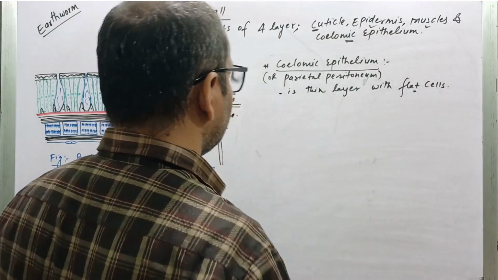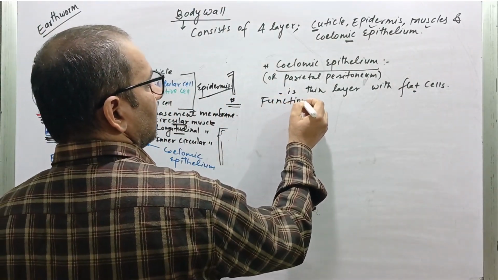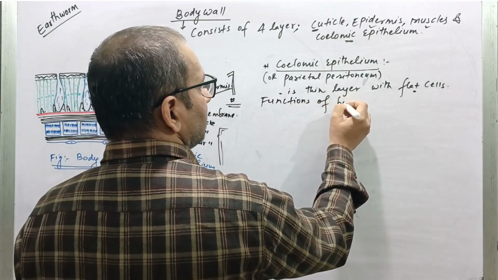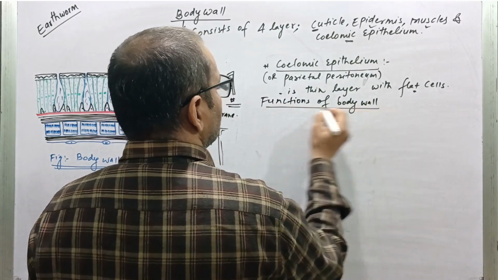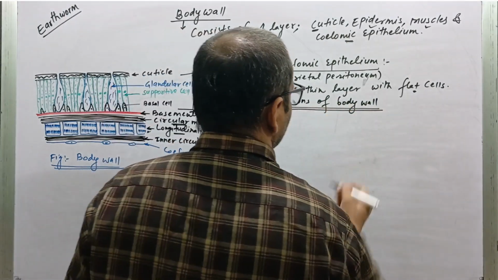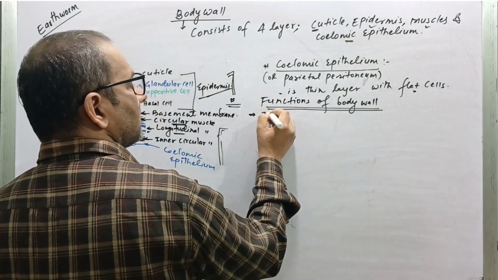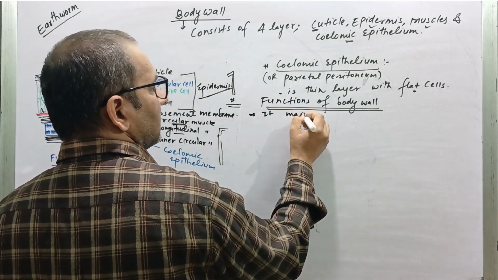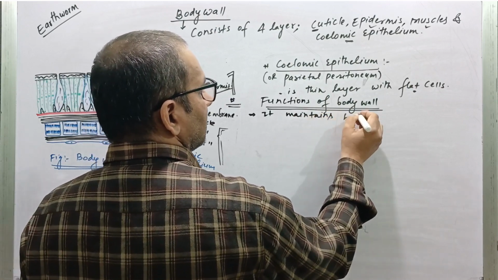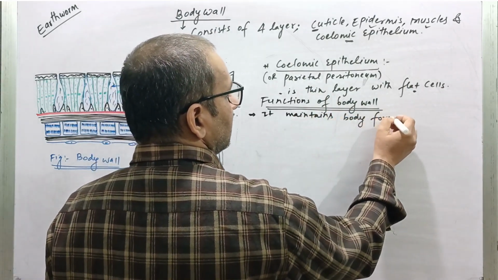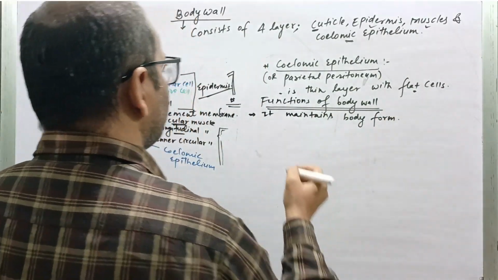Now the functions of the body wall. The first function is that it maintains body form. The form of the body is maintained by the body wall.